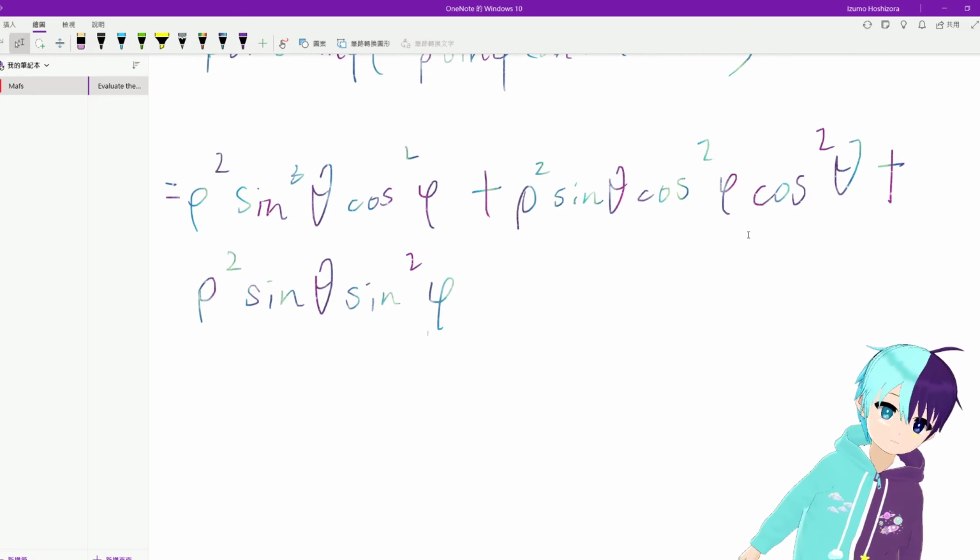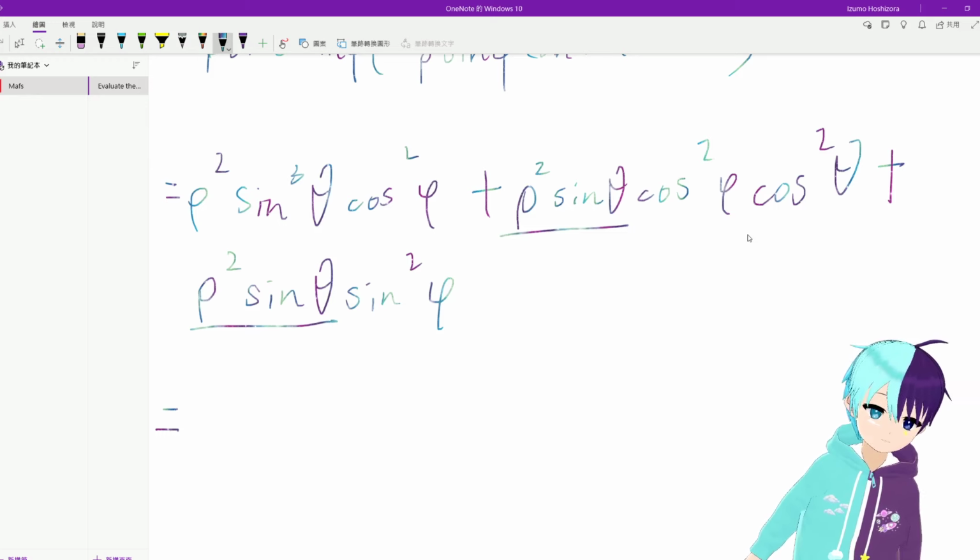And then if you notice, we again have some common factors in the last two terms, which is rho squared sine theta. So let's try to draw that out as a common factor again.